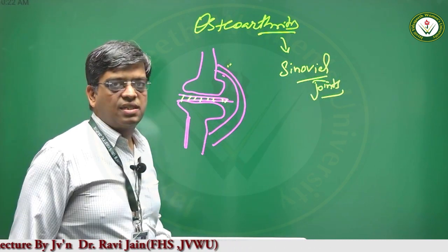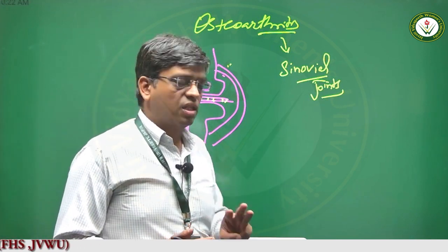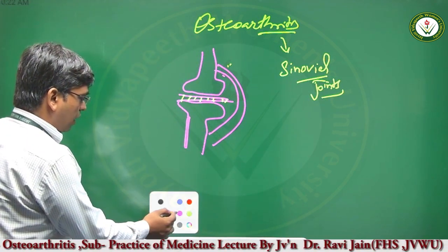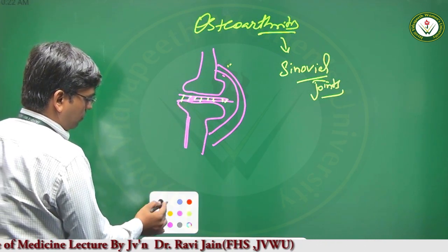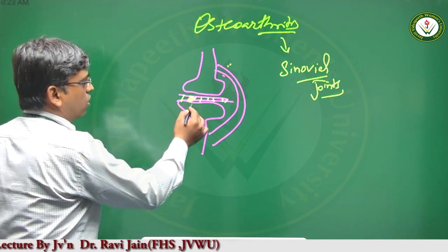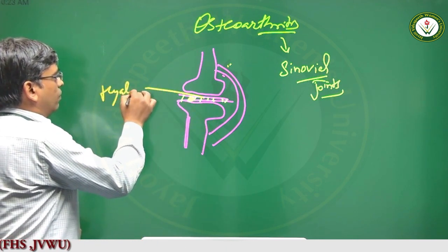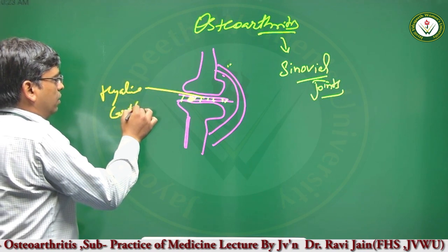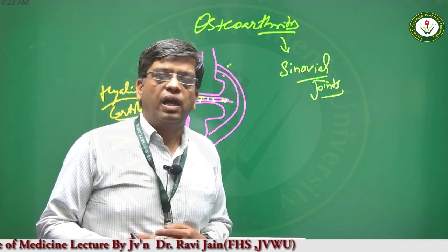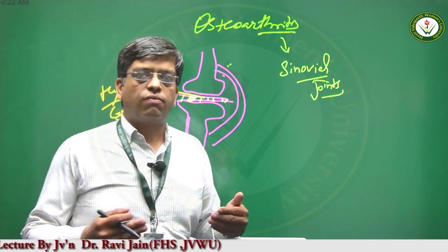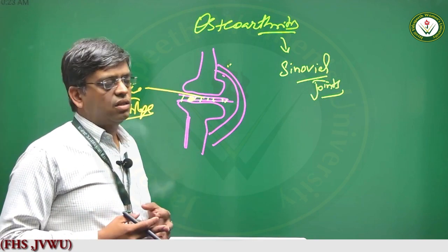Now what are the changes that take place in case of osteoarthritis? In osteoarthritis there are three major changes that take place. Number one, there is focal loss of hyaline cartilage. What does the hyaline cartilage do? Hyaline cartilage protects the joints from the shock and the movement that is occurring in a joint.